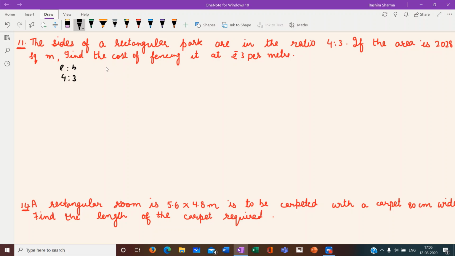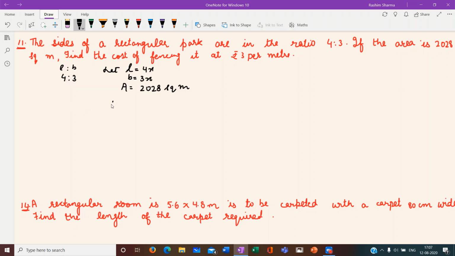It means we can take length, let L is equal to 4x and breadth is equal to 3x. The area is given to us as 2028 square meter.